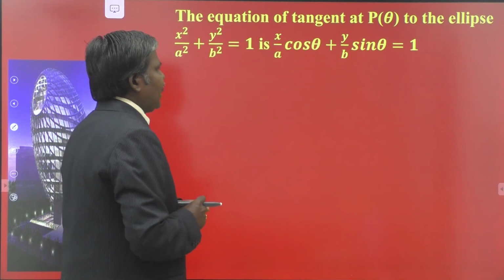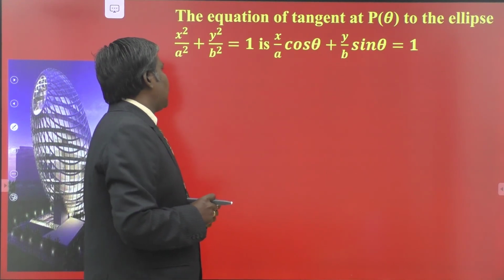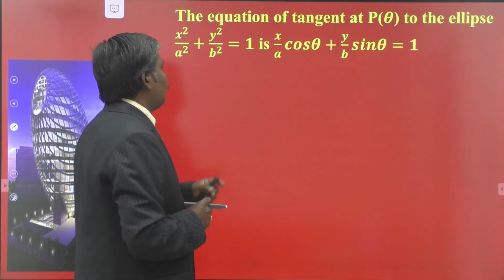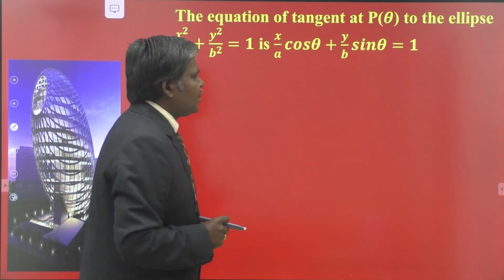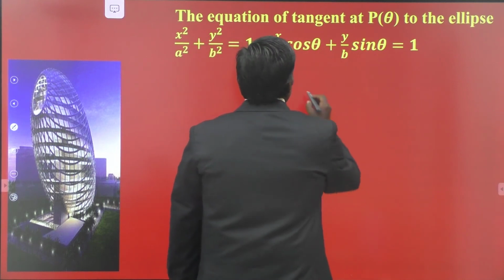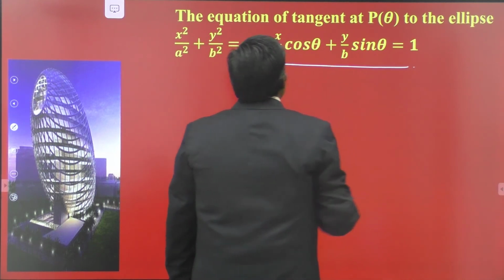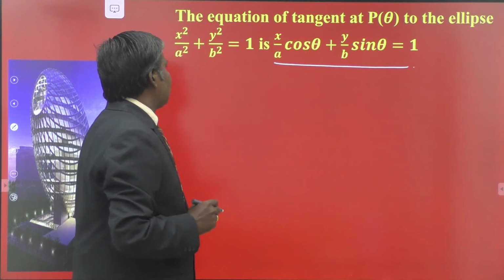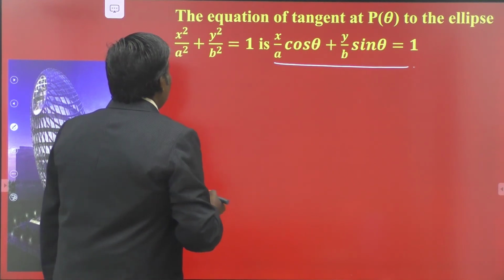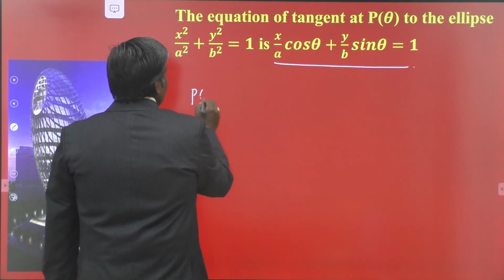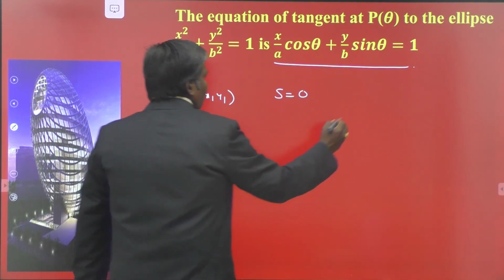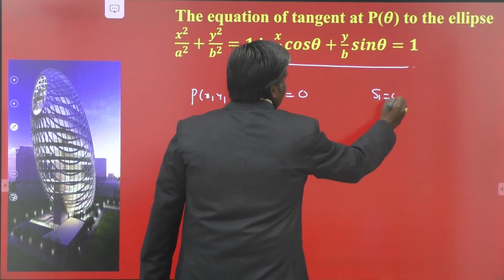The equation of tangent at P of theta to the ellipse x square by a square plus y square by b square equal to 1 is x by a cos theta plus y by b sin theta is equal to 1. All of you know that the equation of tangent at P x1, y1 to the ellipse S equal to 0 is S1 equal to 0.